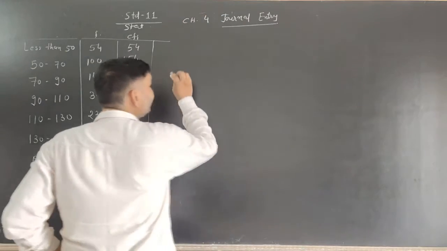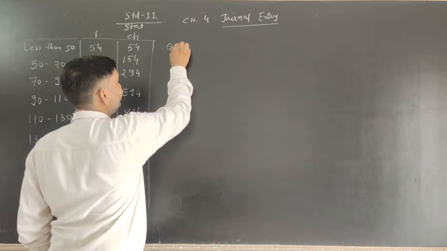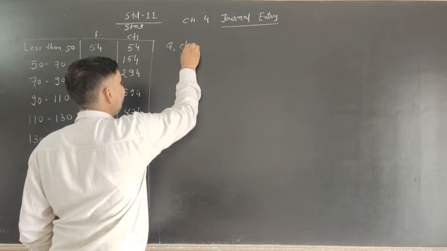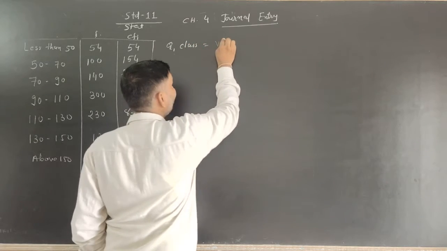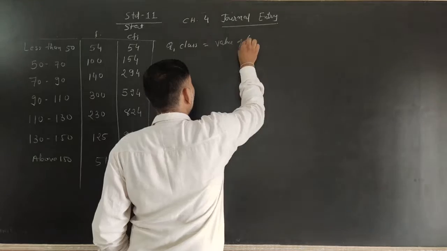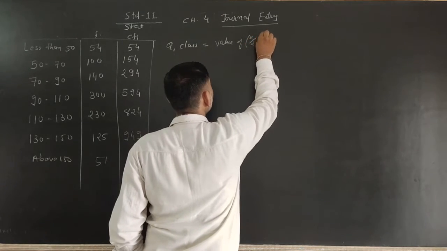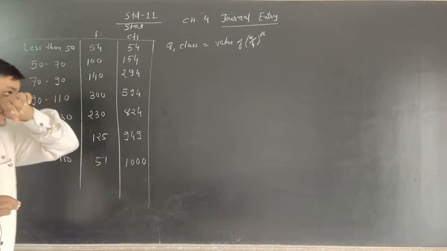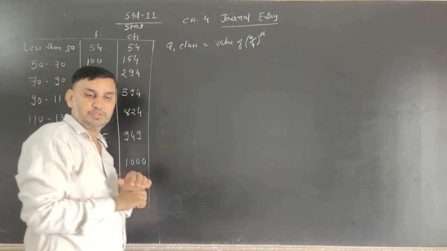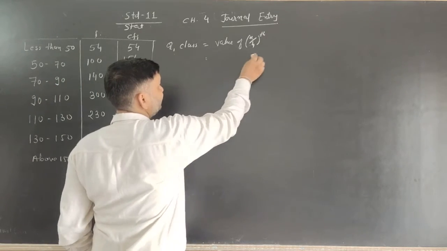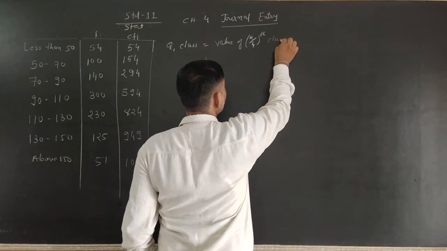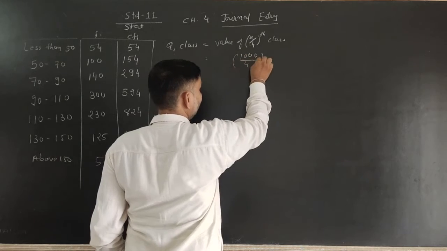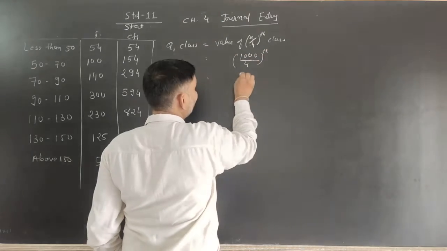First we start with Q1. The Q1 class is the value of the n by 4th observation. n is equal to 1000, so 1000 divided by 4 is equal to 250.